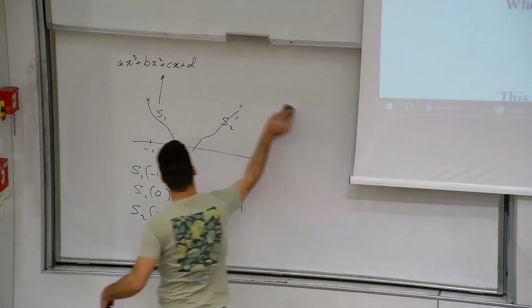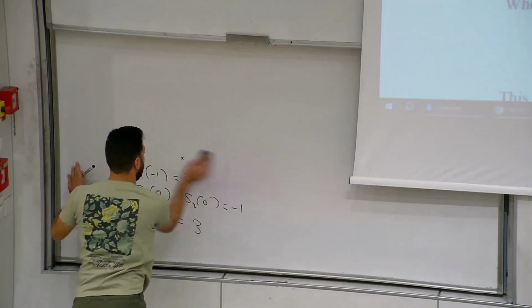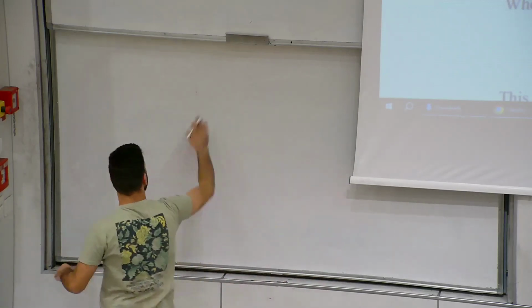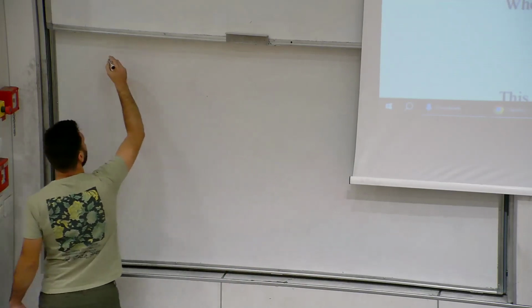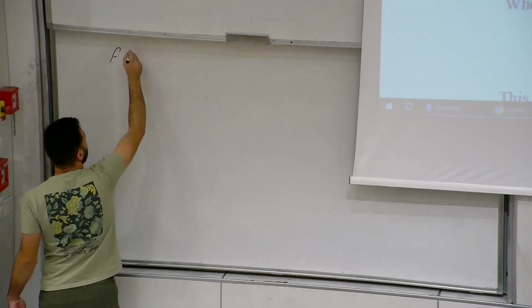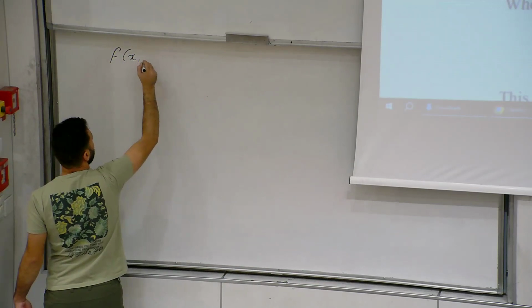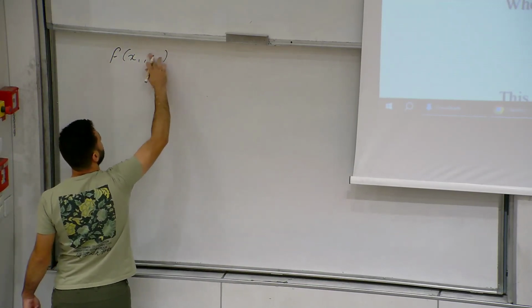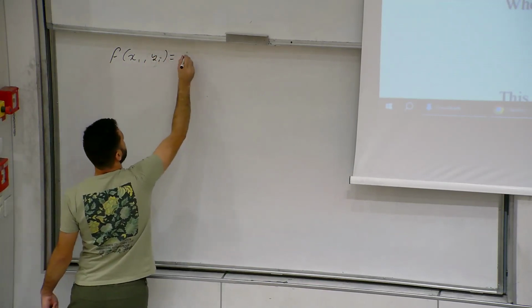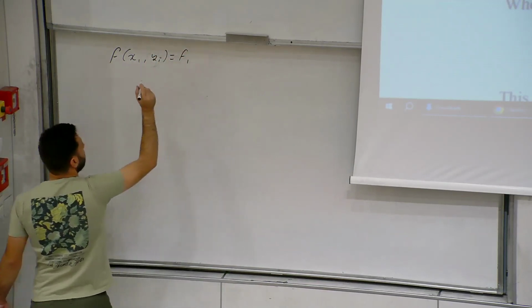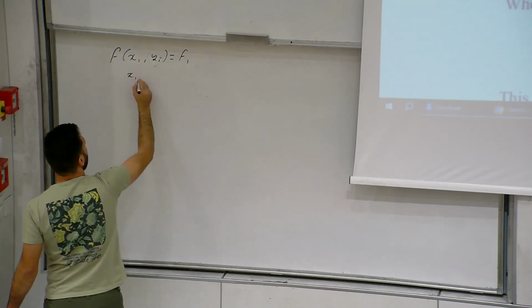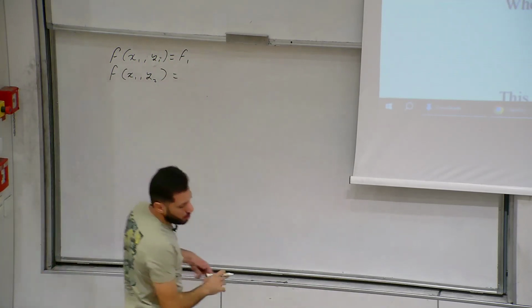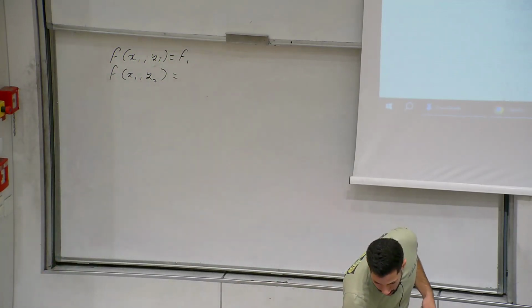For example, for y, let's say like this. I know that f of x1, y1 is f1, and x1, y2 is f4.